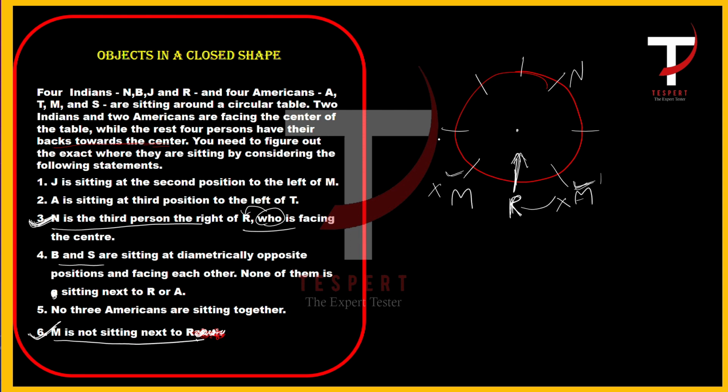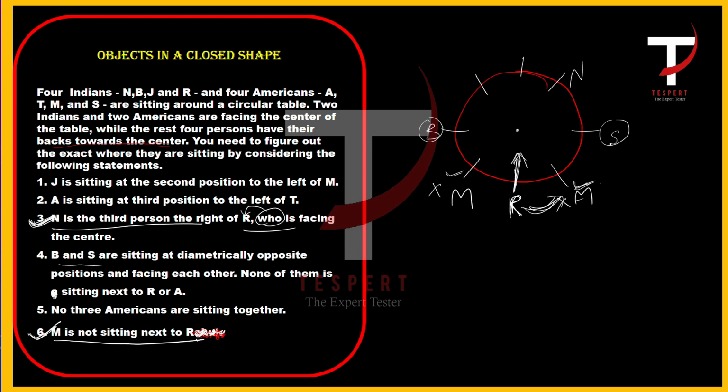So B shouldn't come here, B shouldn't come here, and the only way that B and S can be diametrically opposite is these two positions. If we place B here or S here, then they will be sitting immediately next to R, which is not possible.